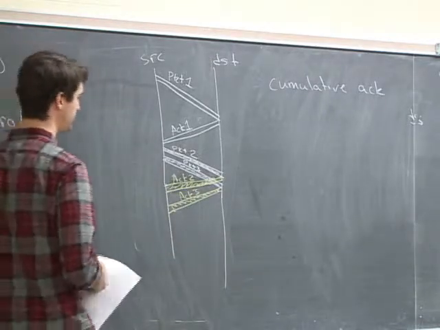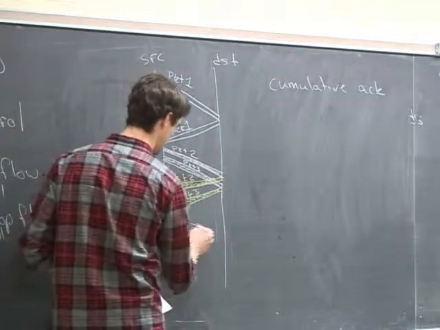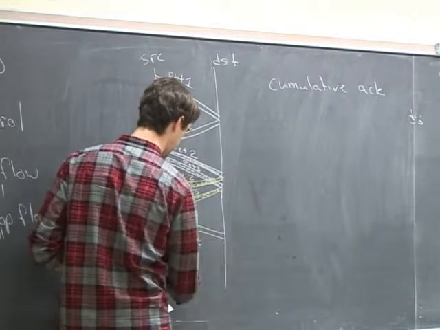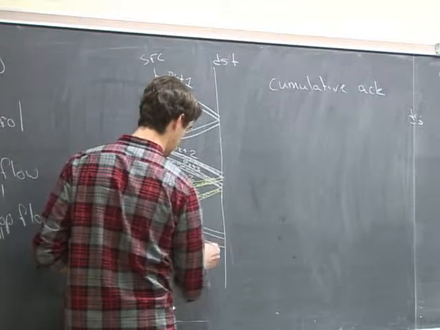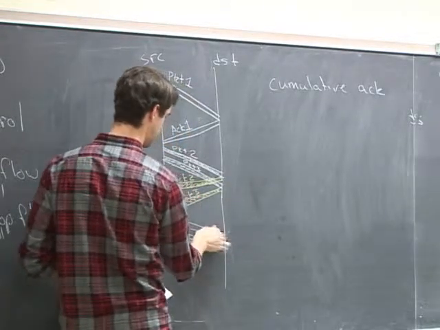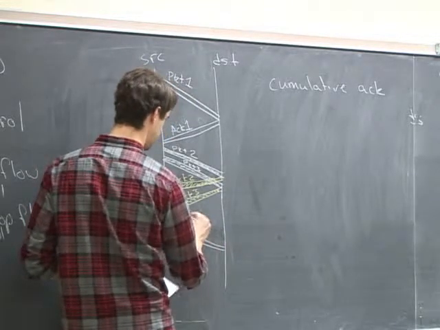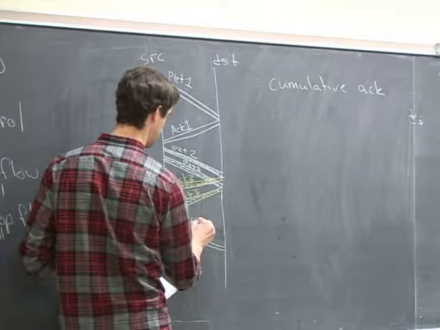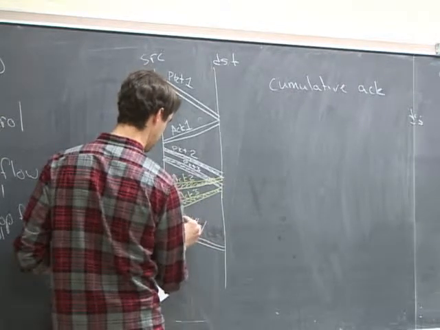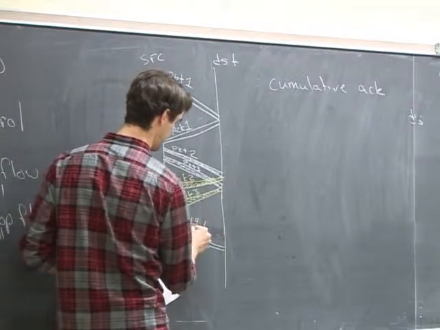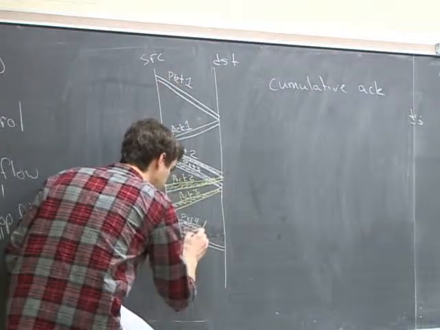So that way, suppose we keep sending some more packets, and actually let's suppose that this one doesn't make it. So now we send packet 4. And this is packet 5.